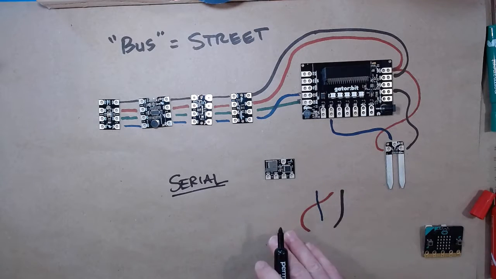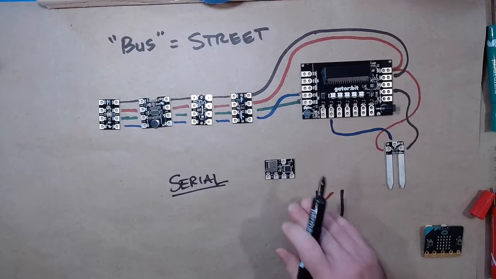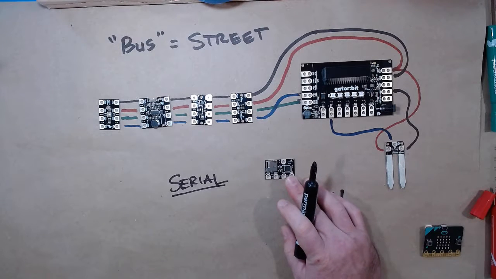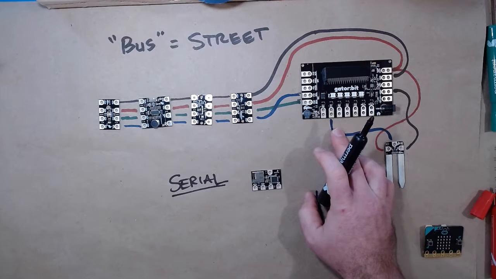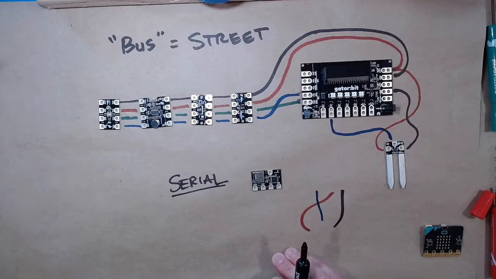And serial takes 4 pins as well. We're only going to hook up 3 this time because our Gator log is only really listening to what the Gator bit or the microbit is saying.